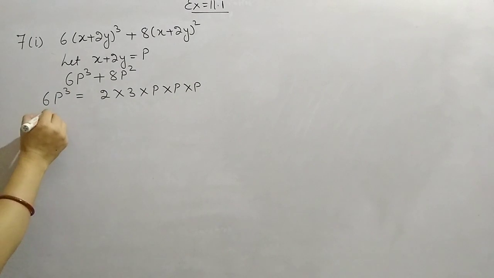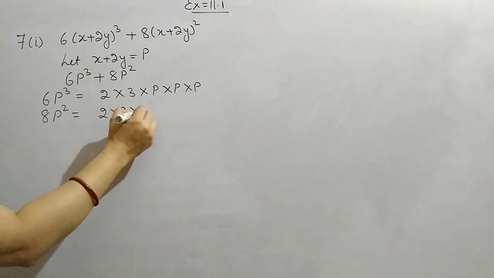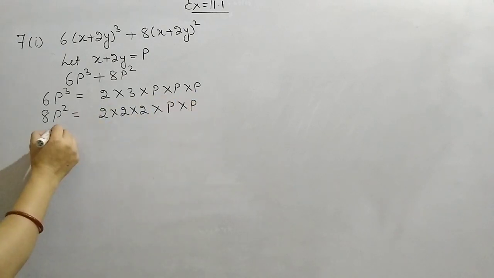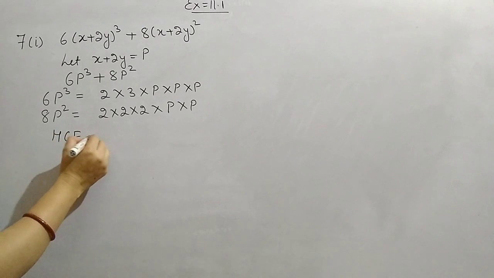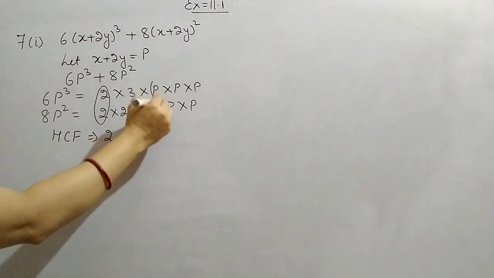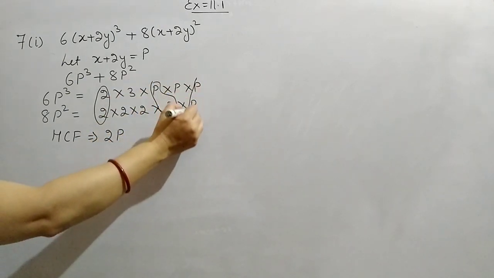And if we factor 8p square, we get 2 into 2 into 2 into p into p. Then the common term will be 2 is common, and p square is common.